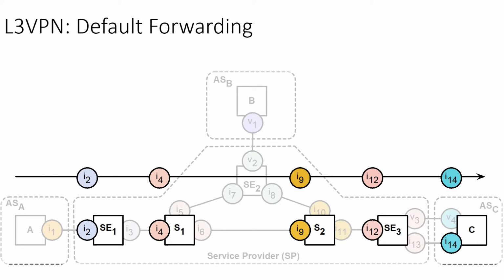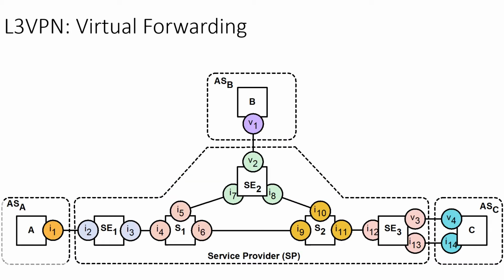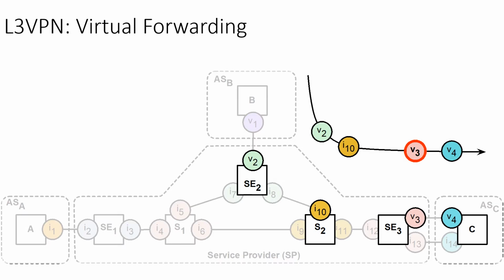When a traceroute traverses the default forwarding network, even when there are L3 VPNs, nothing unusual appears in the traceroute. Here, all routers responded using their inbound addresses. But the L3 VPN is a different story. First, only ASB and ASC can communicate using the L3 VPN, but ASA cannot exchange traffic over the L3 VPN.